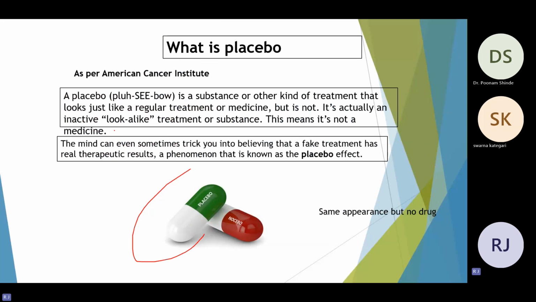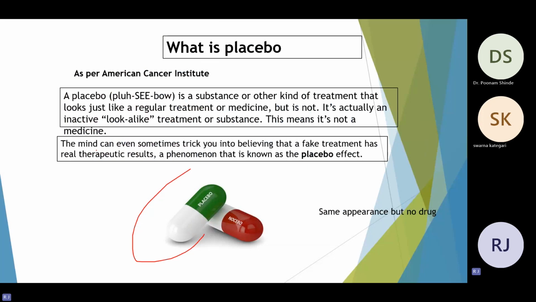For example, if we are doing a trial for back pain, and we are testing diclofenac, people will think, okay, I'm taking the diclofenac, my pain should reduce. They will have that mind trick, right? That mind trick and the pain will reduce.